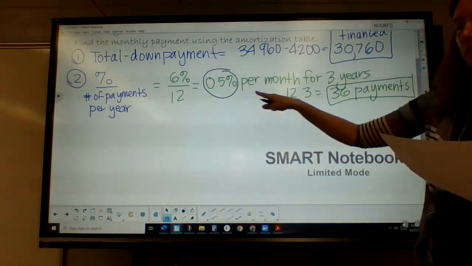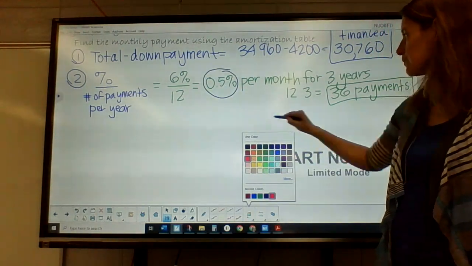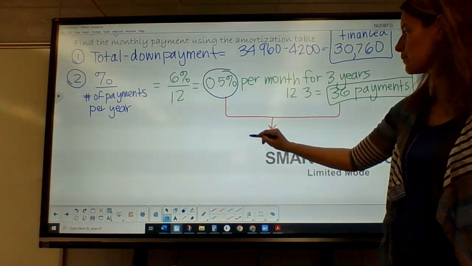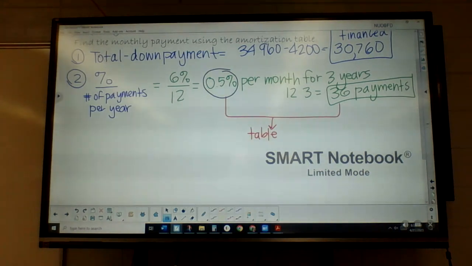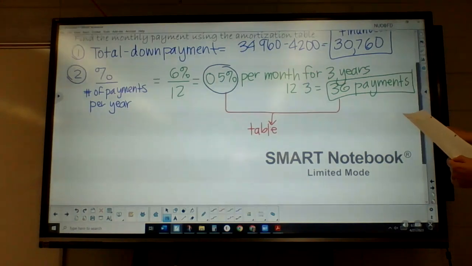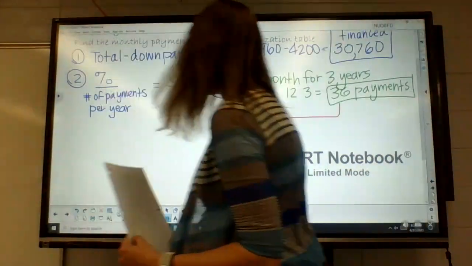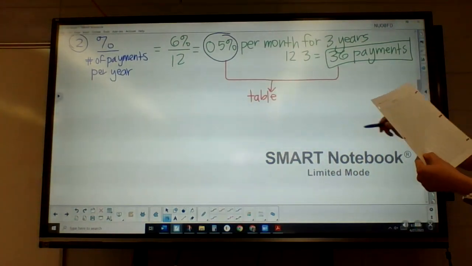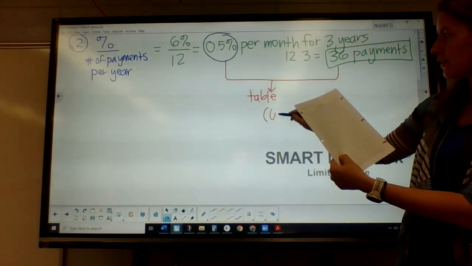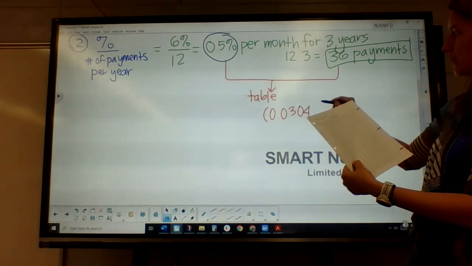So we're going to take that number. We're using this on our table now. On our table, go 36 and 0.5, which is a half. It's the first column, 36th row there, 0.03042.